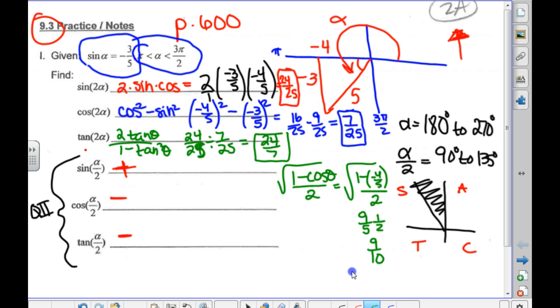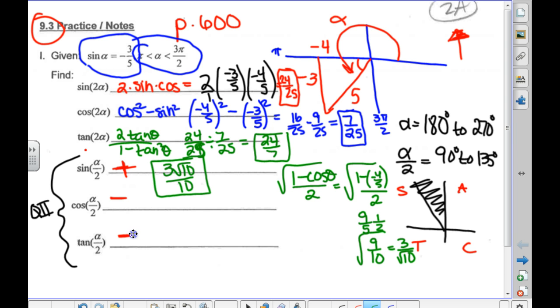We have to take the square root. What's the square root of 9? 3, and the square root of 10 is not nice, it's irrational, and we need to write that as 3 square root of 10 over 10. So if I did those, the answer's still going to be the same, right?